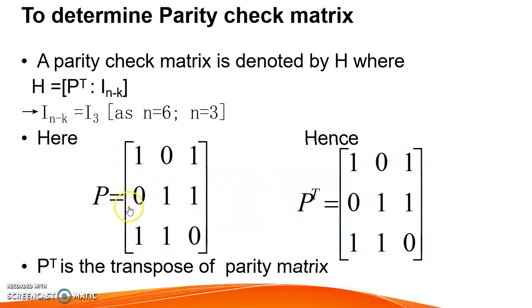By this process, the row elements are transferred into column elements, and that is how we get the transpose of the matrix.